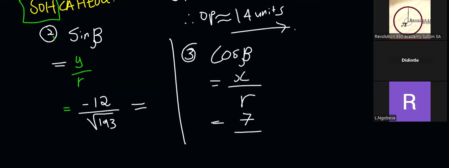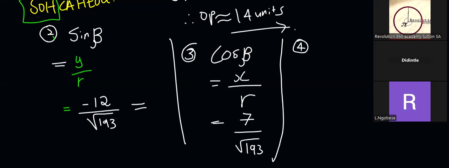Let's double check if it's simplified into the first form: 7 over square root of 193 gives us 0.5. So you just leave it like that. Any question? No, sir, no question.